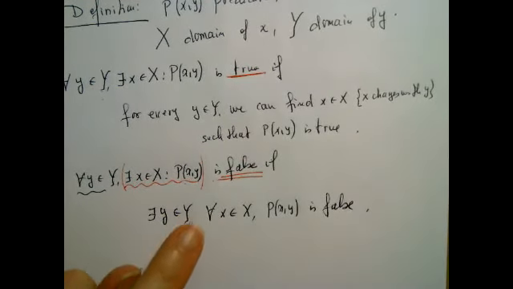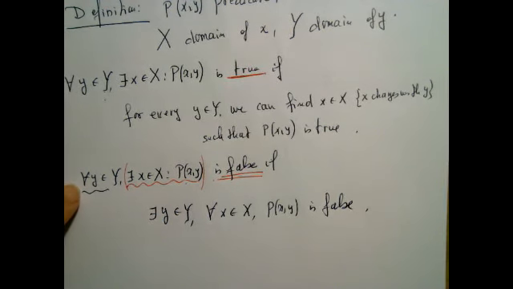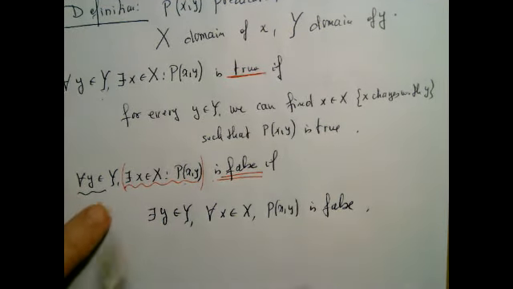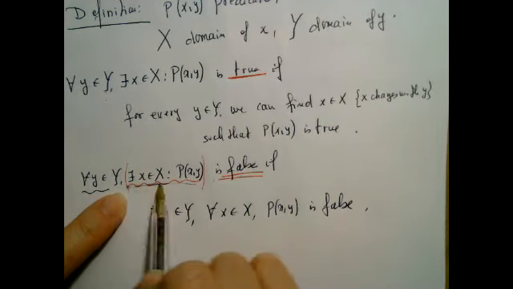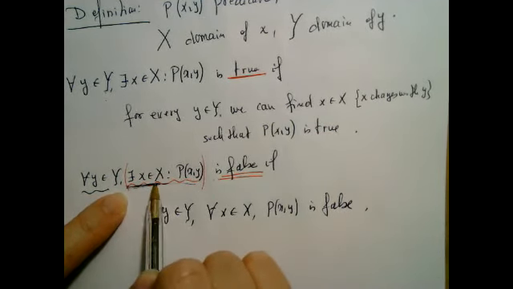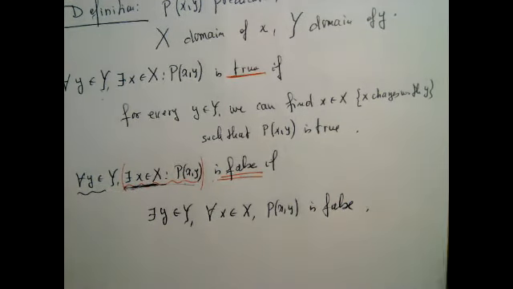So this statement is false if I can find one y that will make this statement false. I can find a y such that no matter what I put in for x here, P of x, y is a false statement. Okay, and that's where we're going to start from next time, and we're going to work over, of course, a lot of examples to understand this concept.